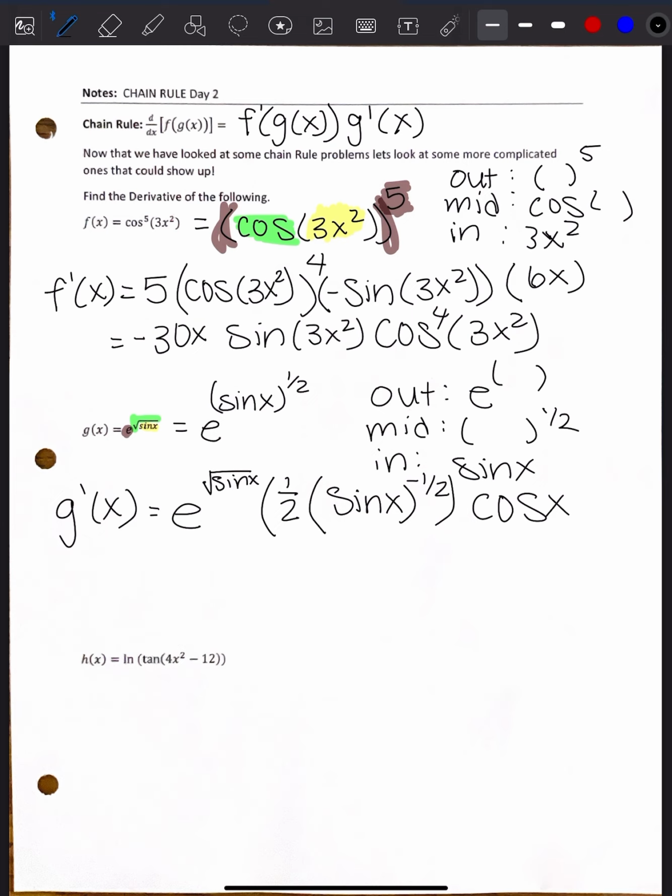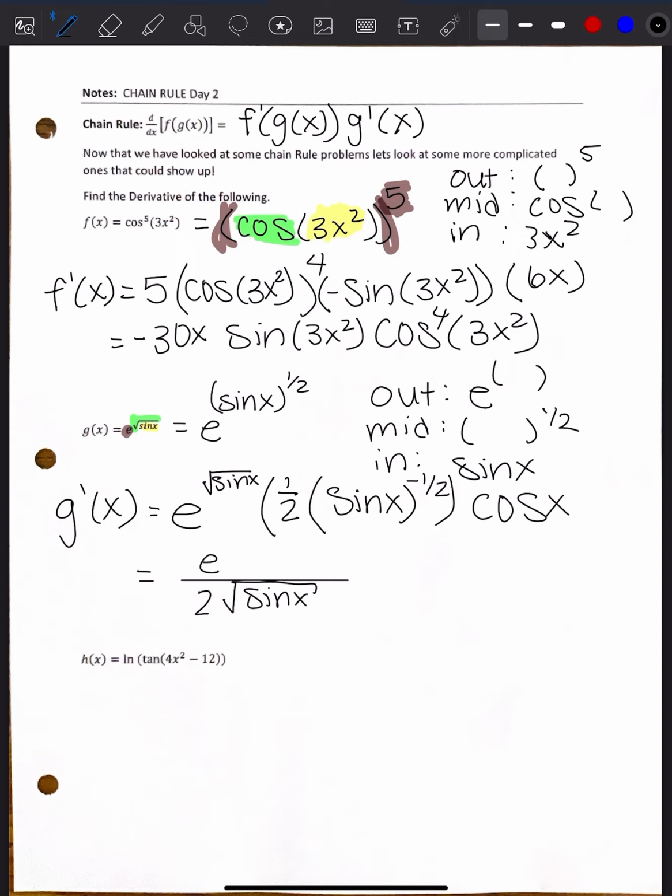If I were to rewrite it, we're going to have a division because we have a 1/2 for sure. But sine is also to the negative 1/2 power, which means it's going to move to the denominator. So we have 2 times the 1/2 power, which means it's a square root, so the square root of sine of x.